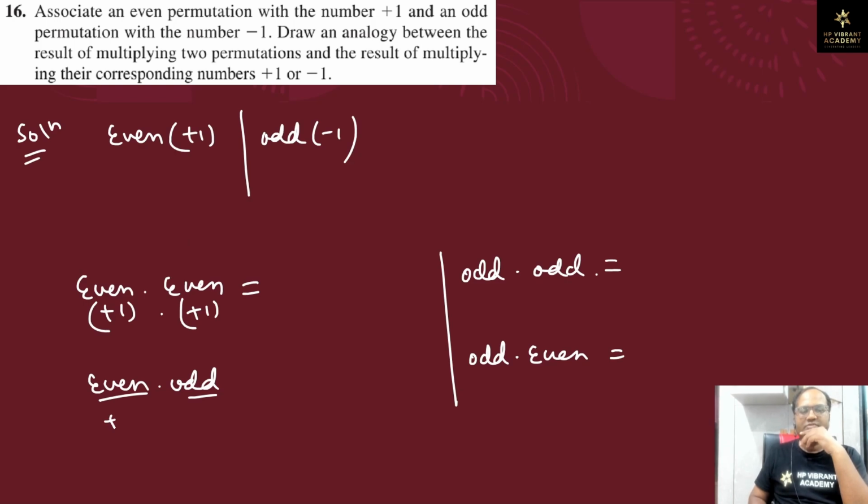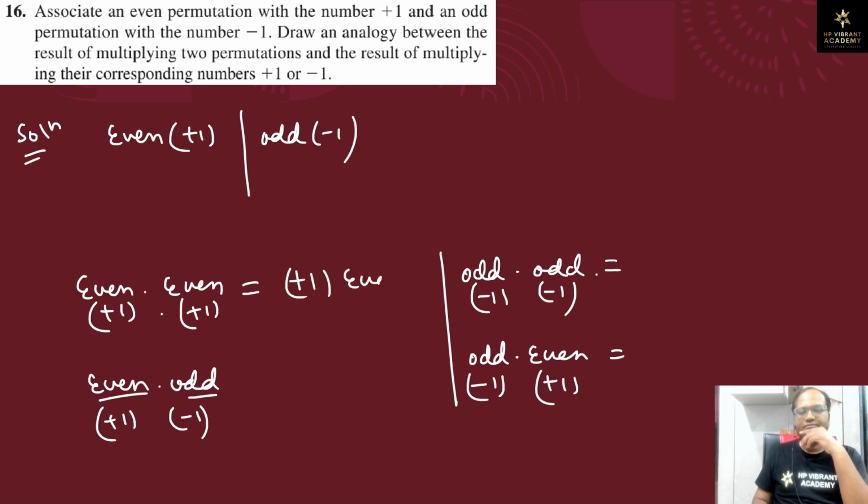Now we have even as +1, odd as -1, odd as -1, this is also -1, this is -1, this is +1. Okay, so +1 times of +1, this is +1, so this is even dot odd, so this is equal to +1 times of -1, this is -1, so this is nothing but odd, -1 times of -1, so this is +1, so this is even.